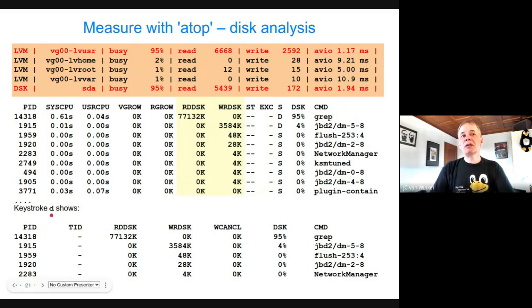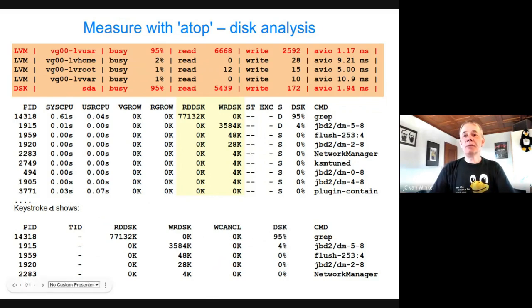If we now click on D, meaning I want to see more information per disk, then you get to see the number of reads and the number of writes, the number of write cancels, and how much this process is responsible for the I/Os that are going to disk.